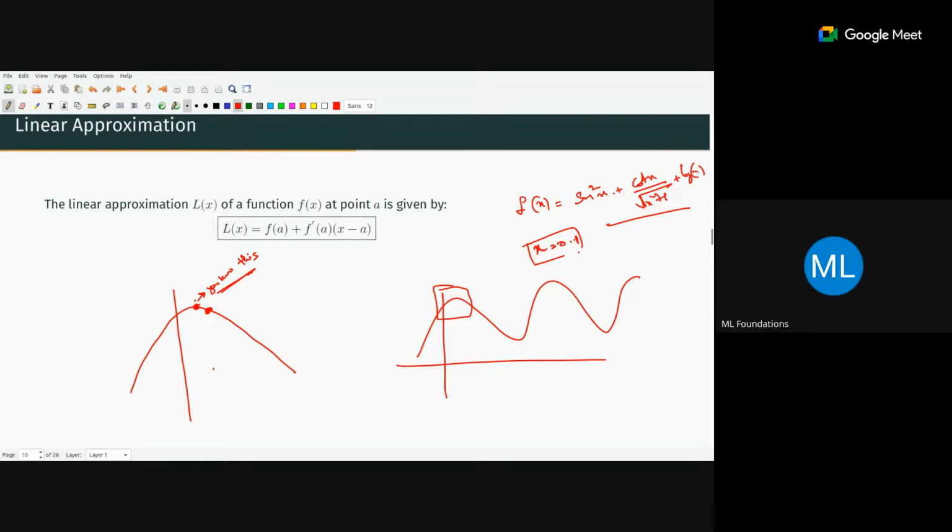But if you are allowed, and you don't want to waste time or energy, we have the value of this function at this particular point. So using that data, can we approximate the function value at this point? That is what linear approximation is.